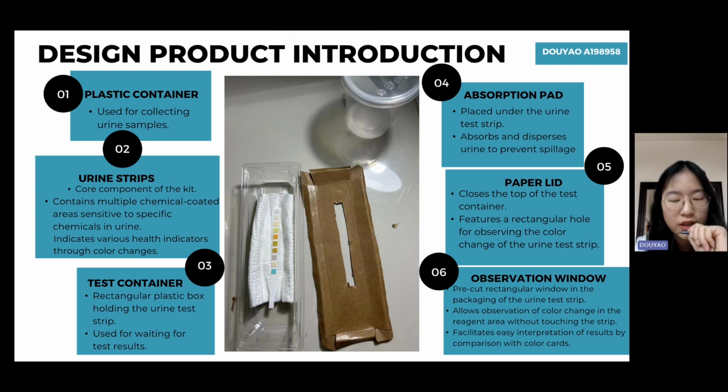This avoids cross-contamination and ensures test results. The paper lid closes the top of the test container and features a rectangular hole for observing the color change of the urine test strip. Observation window: in order to observe the color change of the reagent region without touching the test strip, we prepared an observation window and a color card.